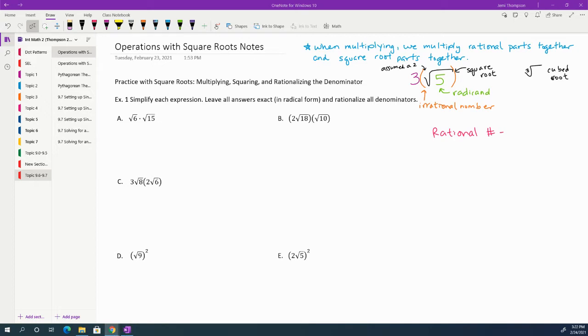A rational number is a number that can be written as a fraction of 2 integers.